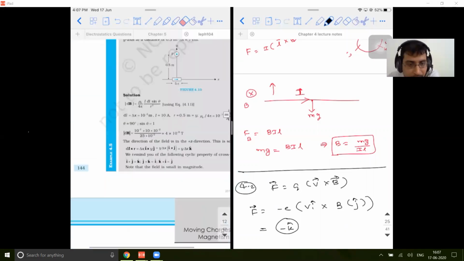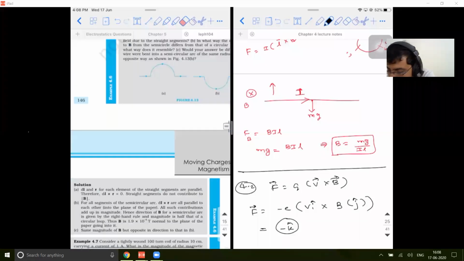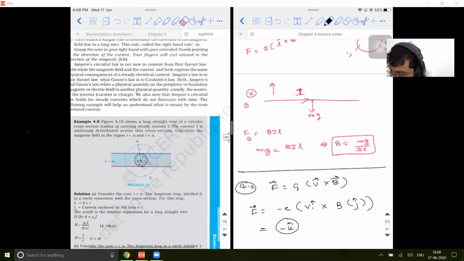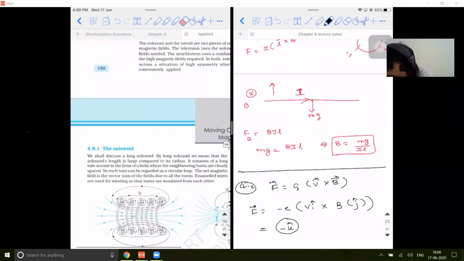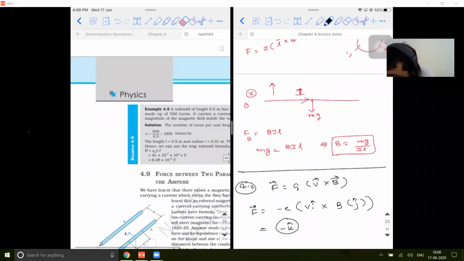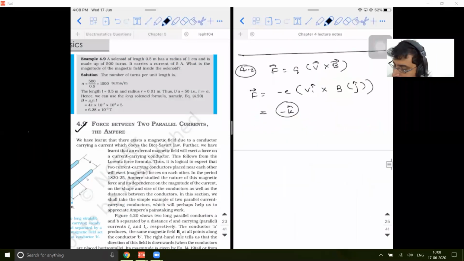See, in your textbook it is slightly jumbled. Just follow the order that I am going in. Now what we are going to do is see the force between two parallel current carrying conductors. So today we started with the force experienced by a current carrying conductor placed in a magnetic field.